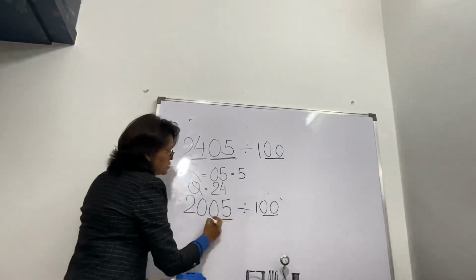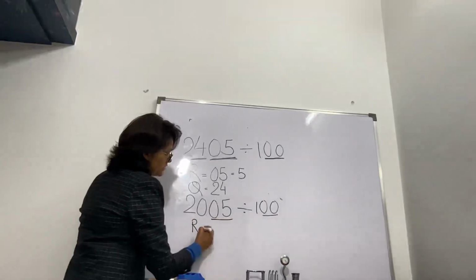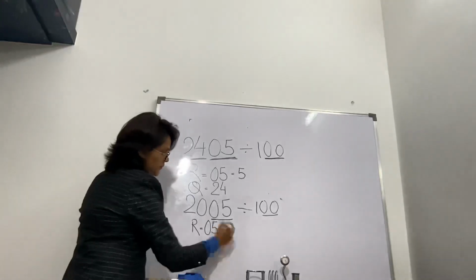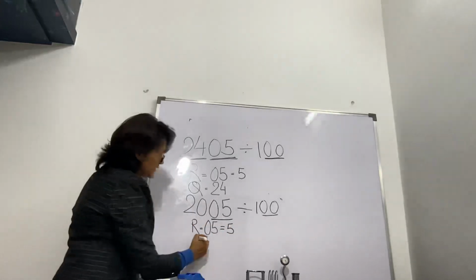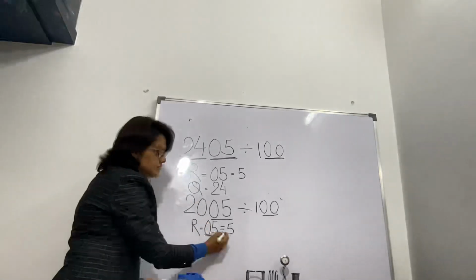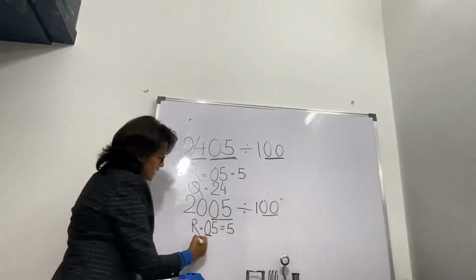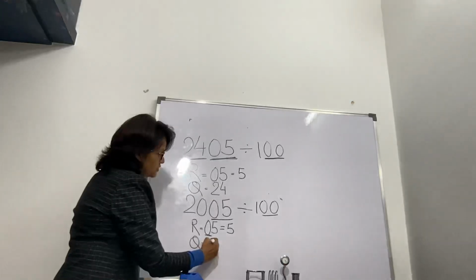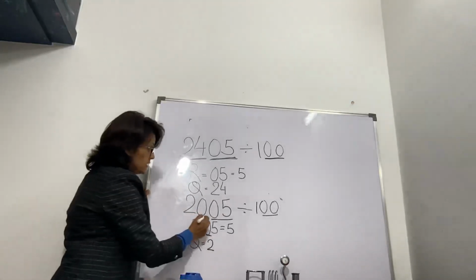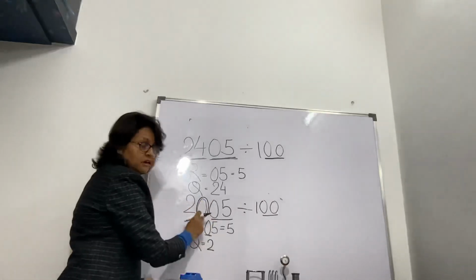Remainder is equal to 05, which equals 5. But when it comes to quotient, why? Because we have removed 0, because before any number, the 0 doesn't matter. The student may ask, ma'am, here instead of 20, can we write just 2? No, because here the 0 is after a number.